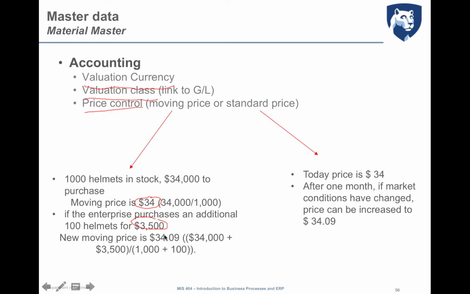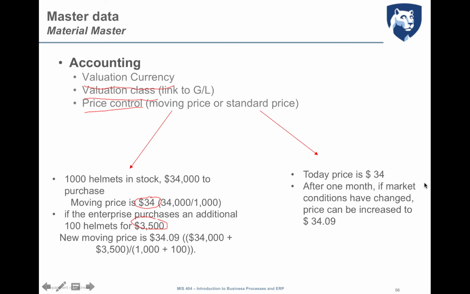In contrast, standard price is constant for a specific period of time and does not fluctuate until a periodic time has passed, like monthly, quarterly, and so on. So in this case, we have 1,000 helmets in stock, and the price is 34 because I defined the standard price as 34.